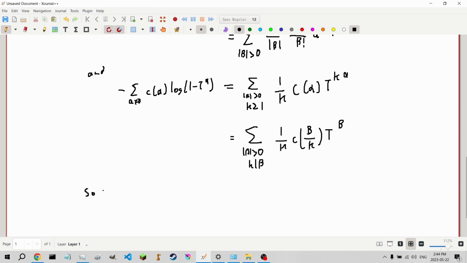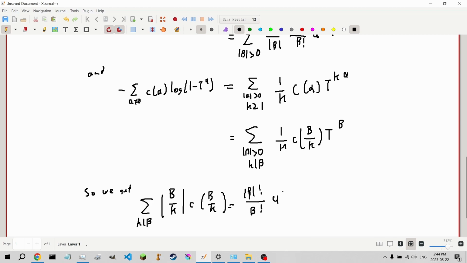So we get the sum across k dividing beta. We can equate these two to get that the sum over k dividing beta of the absolute value of beta over k times c of beta over k is equal to the factorial of the absolute value of beta over the factorial of beta times u to the beta for all beta being a string of n natural numbers, non-zero.